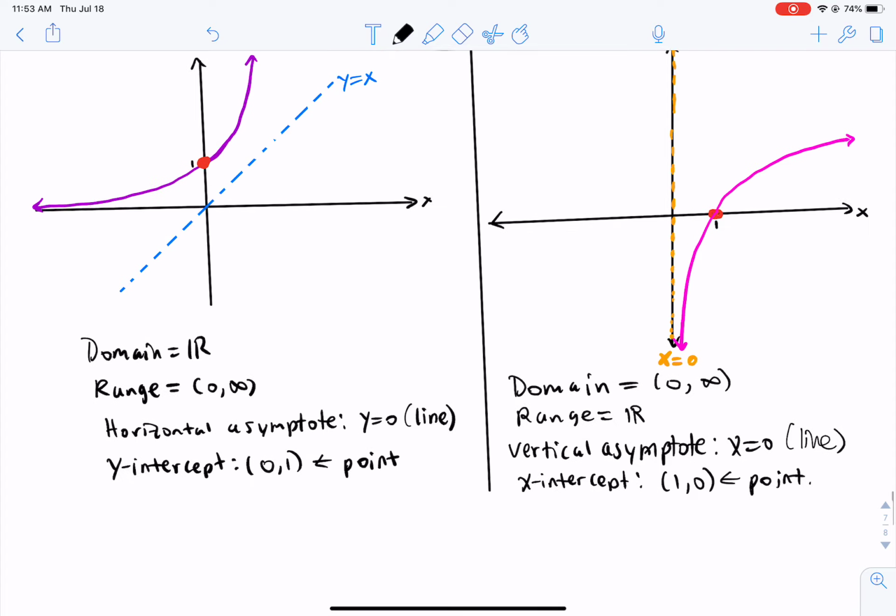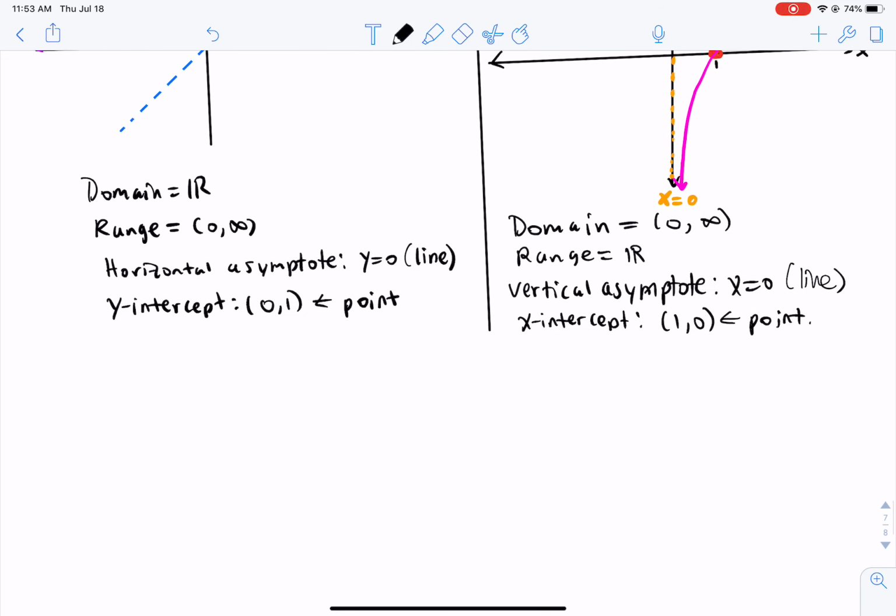Let's do one problem and let's call it a day, right? So here's an example. Let f of x equal to, say 9. 9 is good. 9 minus the log base 3 of x.